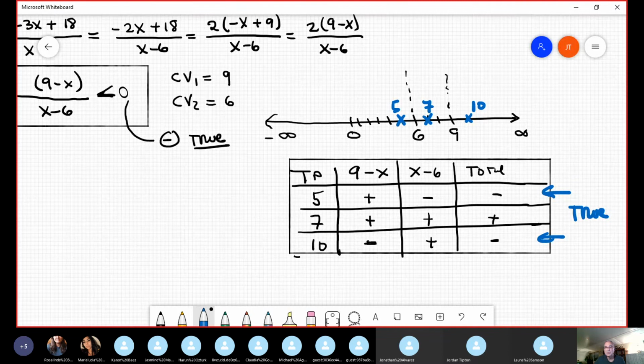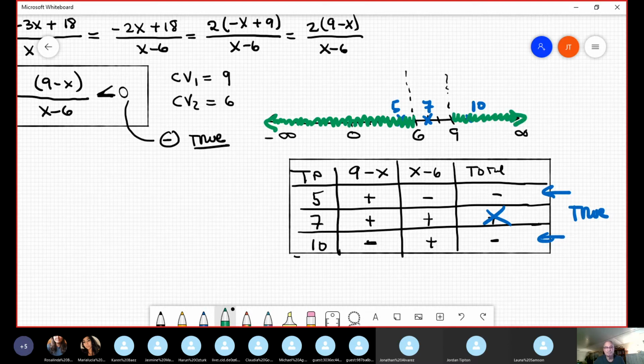He said, no, this is false. And you highlight this interval. Case 5, pass the test. This interval goes to negative infinity, continuing forever in that direction. 7, no, 7 failed. 10 passes. But it's from 9 to positive infinity.